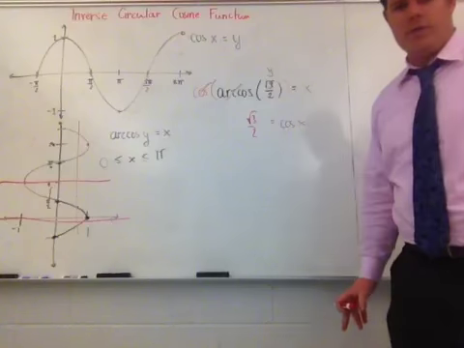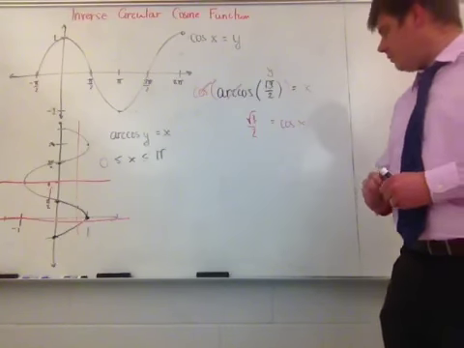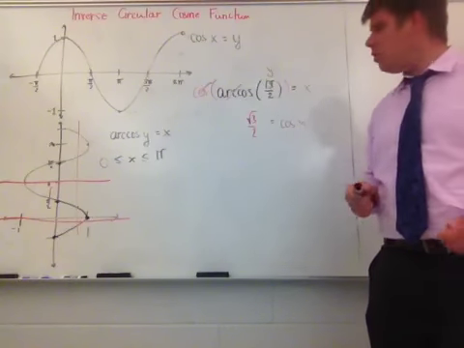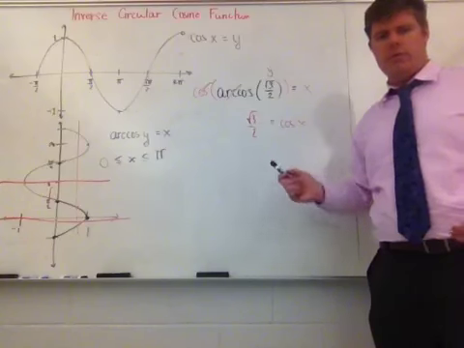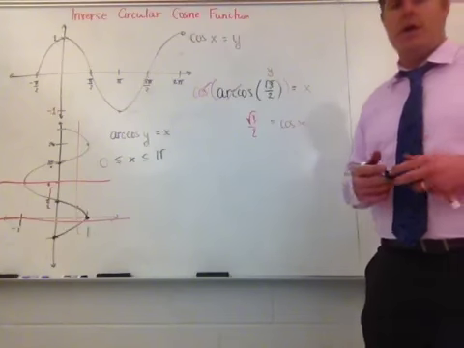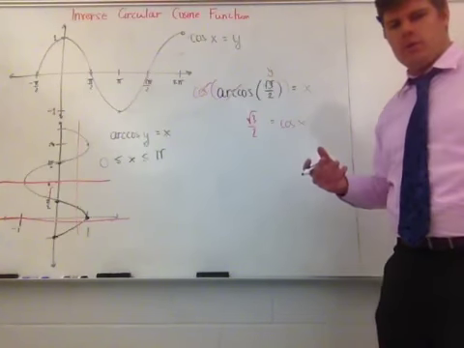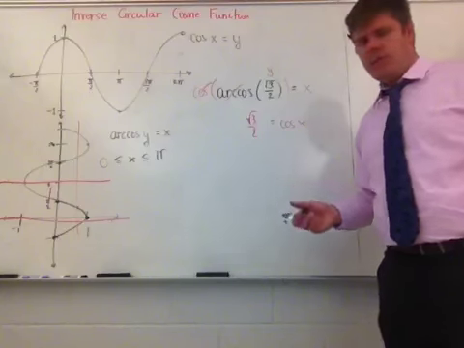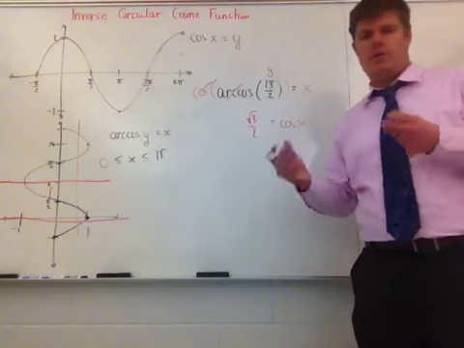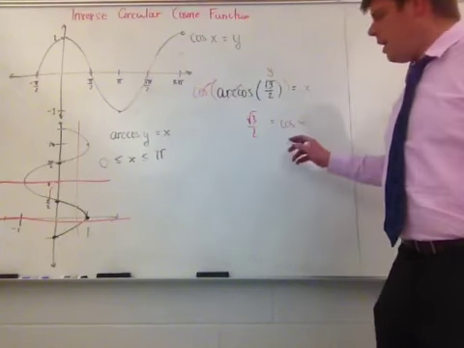So what I'm now looking for is the cosine of what angle gives you an output of root 3 over 2, and the cosine of 30 degrees gives you the output of root 3 over 2. Now you have to be careful, because sometimes you have real answers and sometimes degree answers.